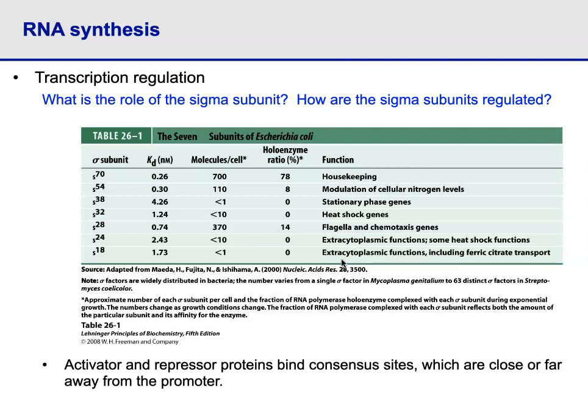So degradation. If we need them but not right now, we can turn them off, perhaps by post-translational modification or by sequestration. You put them in a certain area so that they will not be available. Basically take them out of the nucleus so they're not available to perform transcription.